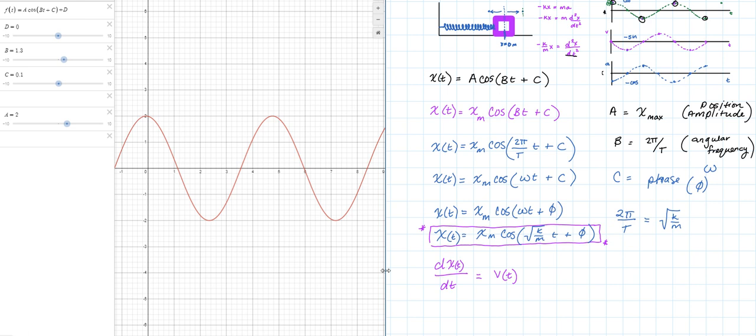So if you were to take your general form of this function, which we started with up here, where x of t is equal to a cosine of b times t plus c, and take the derivative, so dx dt, it would come out in the form of, of course, v of t, and that's going to give you negative a times b times the sine of bt plus c.